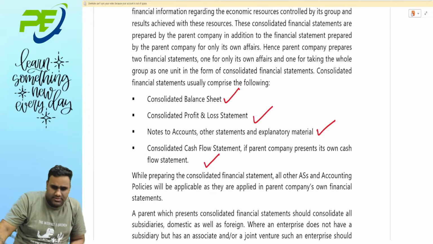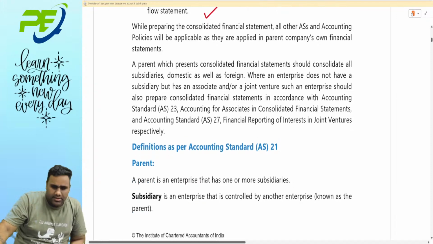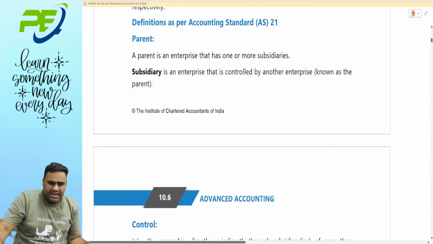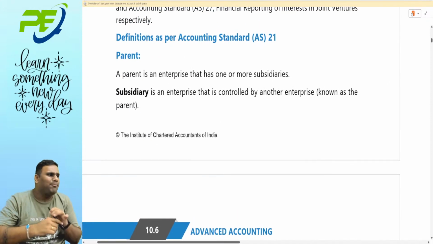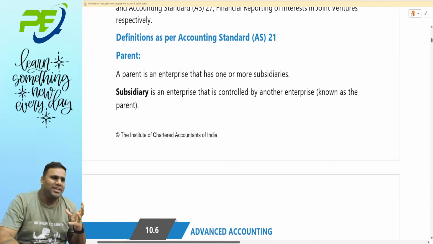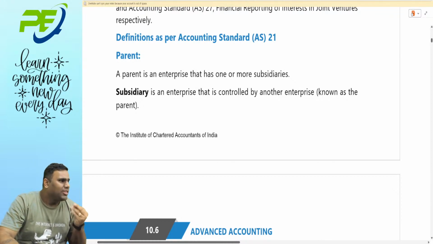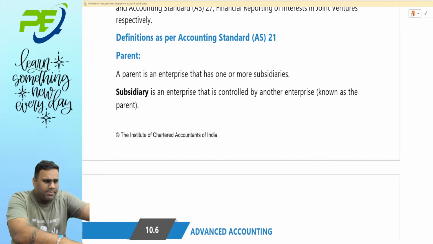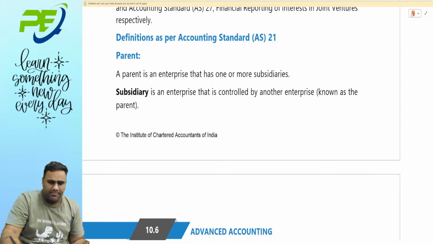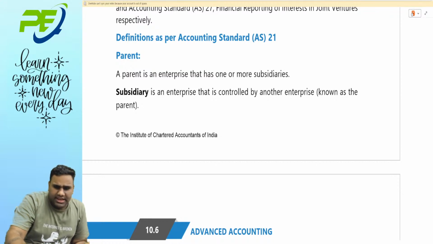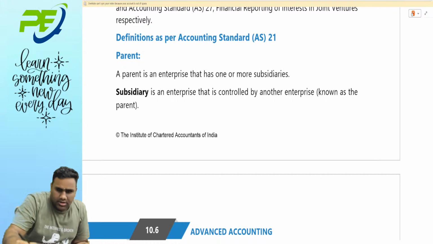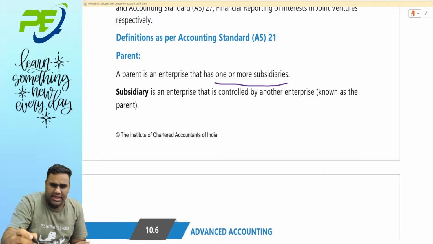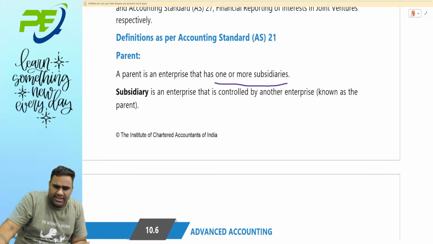Holding company's pet name is parent company. So, holding company and parent company are same. A parent company is an enterprise that has one or more subsidiaries. And subsidiary, we have already read the definition above.